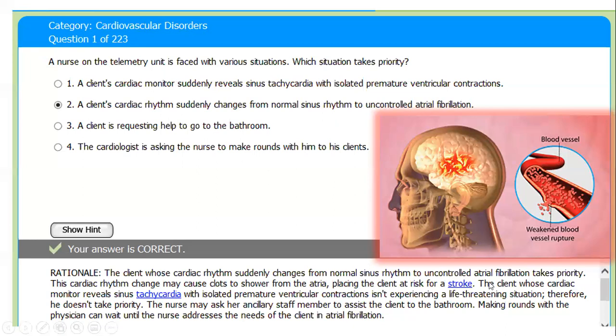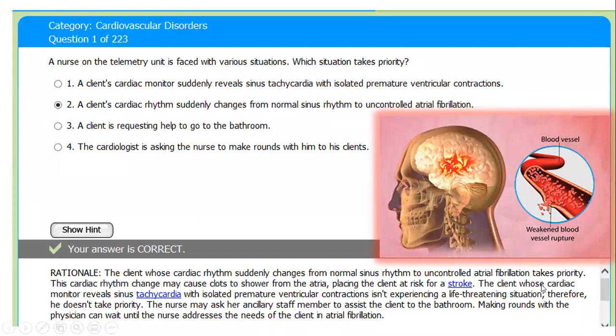This can be a ruptured blood vessel, blood clot formation, or weakened blood vessel rupture or blocking in the brain.